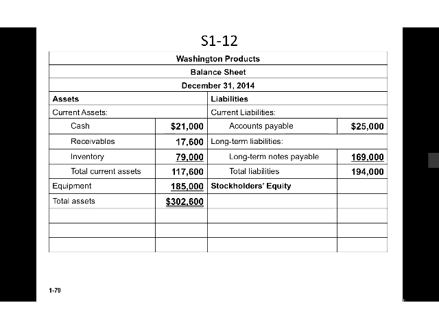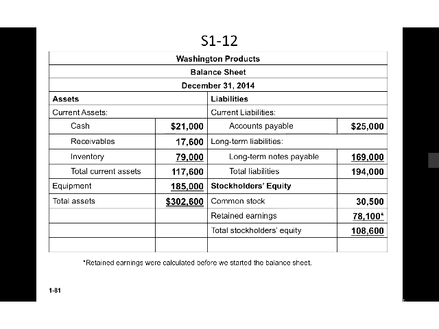Okay, next up, stockholders' equity. Now stockholders' equity, common stock, we were given that in the problem. And then retained earnings. Remember retained earnings, that was that number we did all those calculations for, the 78,100. So total stockholders' equity is the common stock of 30,500 plus the 78,100, giving us total stockholders' equity of 108,600.